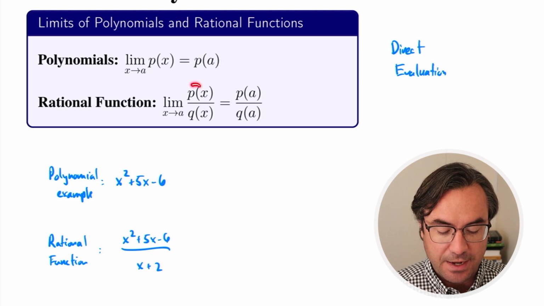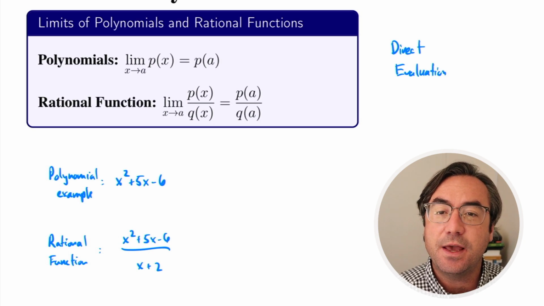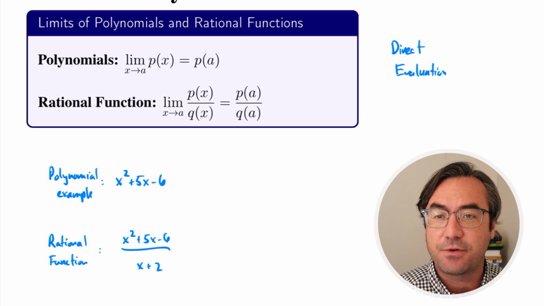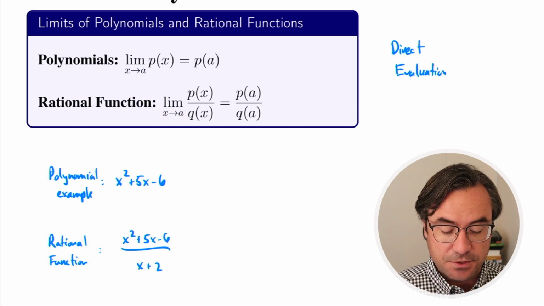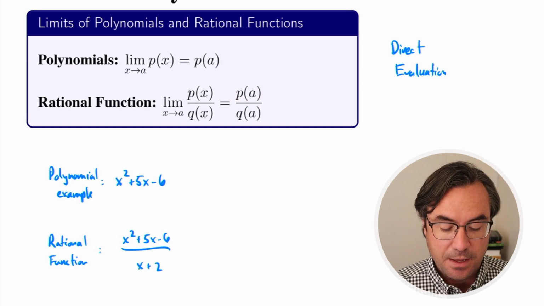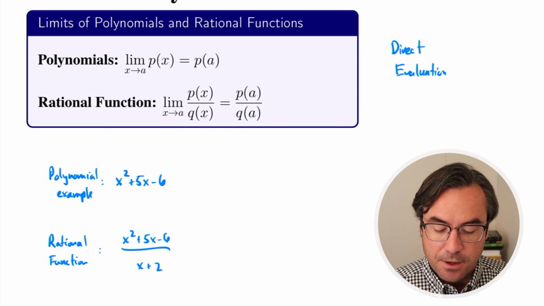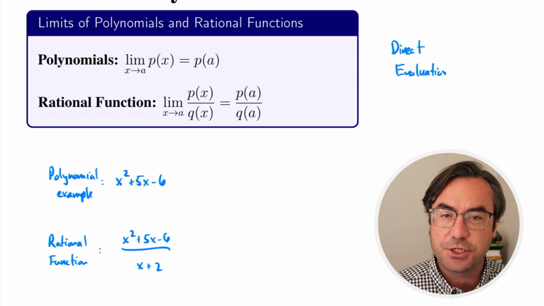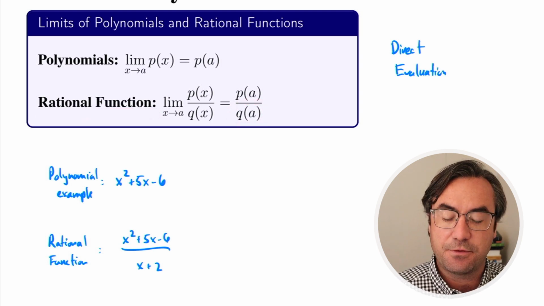So it's a polynomial on the top divided by another polynomial on the bottom. Okay, so we've got those two polynomials. Well, how do we calculate the limit of a rational function like that, a fraction? Well, as x is approaching a, all we have to do is, again, just plug in. So we plug the number x is approaching into the top polynomial, and we plug it into the bottom polynomial. Now, the tricky thing with rational functions is we have division, and we have to be careful.